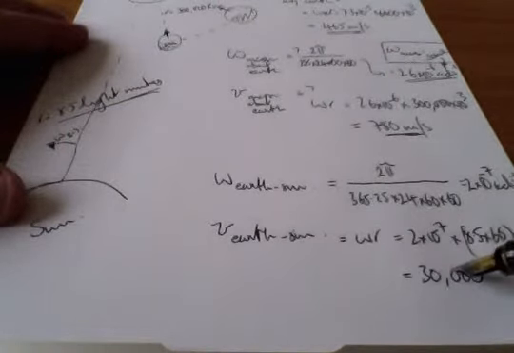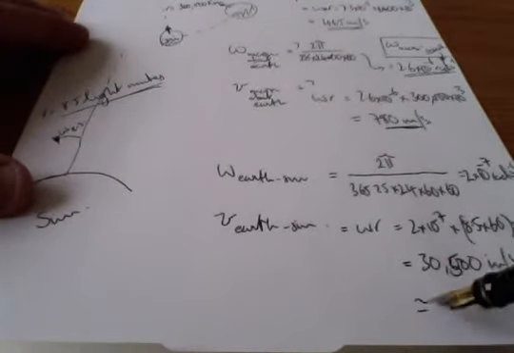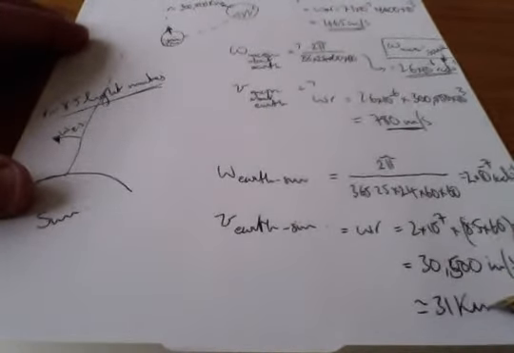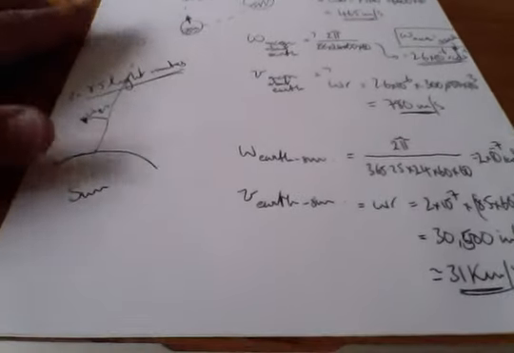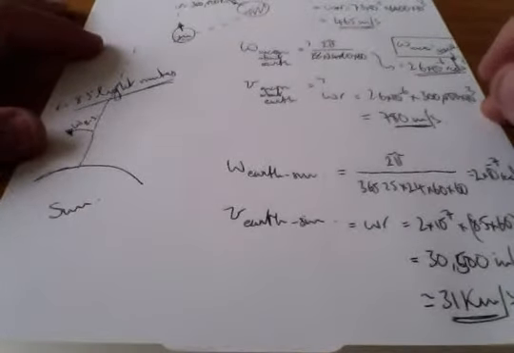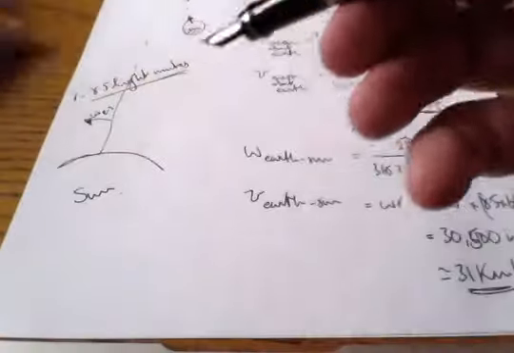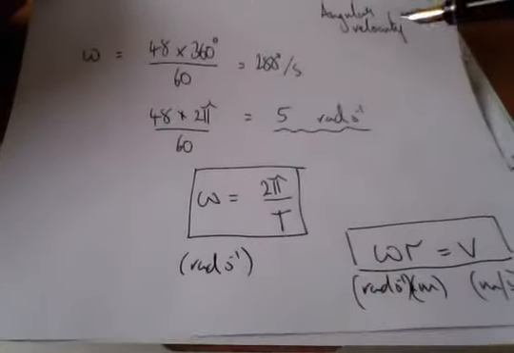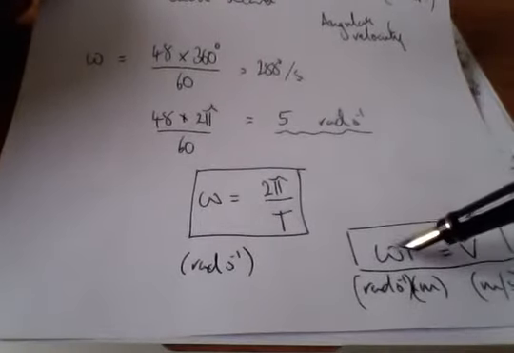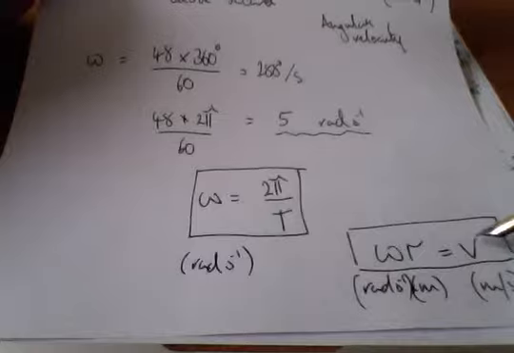Near enough, 30,500 meters per second. Approximately 31 kilometers per second. Okay, so hopefully we've got a good understanding of omega, angular velocity, and how angular velocity relates to radial velocities.